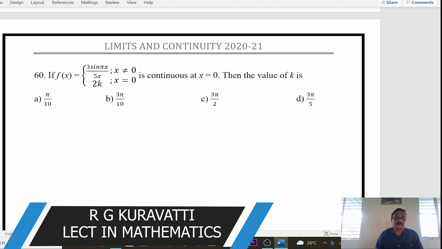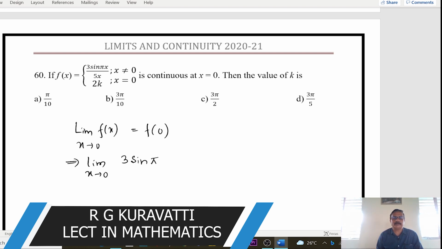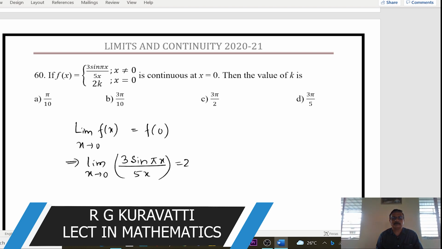So by the definition of continuity, the limit of f of x as x tends to 0 is equal to f of 0, which is defined. But the limit of f of x, what is the f of x value? 3 sin(πx) divided by 5x is equal to f of x at x equal to 0. F of x at x equal to 0 value is 2k.